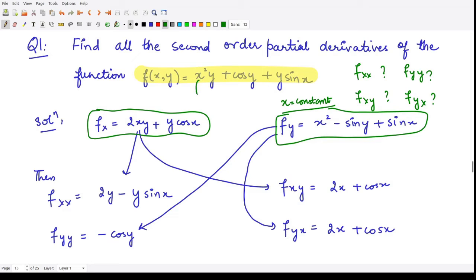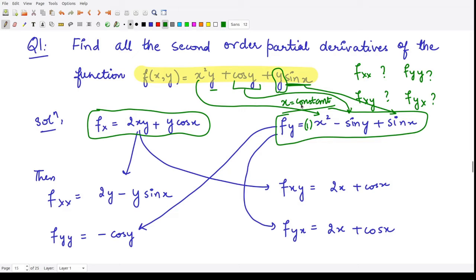Here x squared is constant, so it comes as such, and the derivative of y is 1, so 1 into x squared. Then the next term is cos y, and its derivative with respect to y is minus sin y. And then y into sin x: because x is constant, sin x is constant, so it comes as such, and the derivative of y is 1.